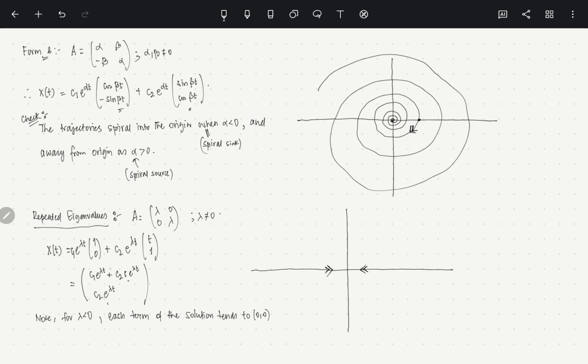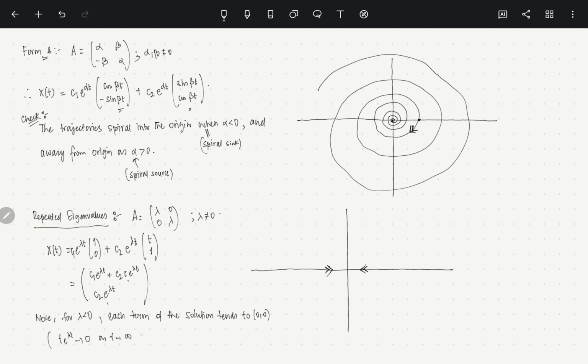It is quite clear that c1 e to the power lambda t and c2 e to the power lambda t go to (0, 0) as t tends to infinity. But what about t e power lambda t? You have to understand that this also goes to 0. Because lambda is negative, as t tends to infinity, e power lambda t is the dominating term and dominates t.